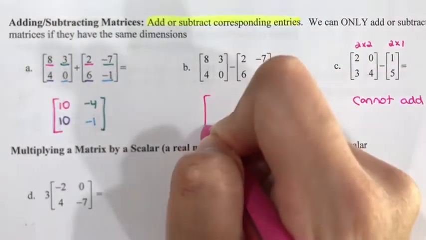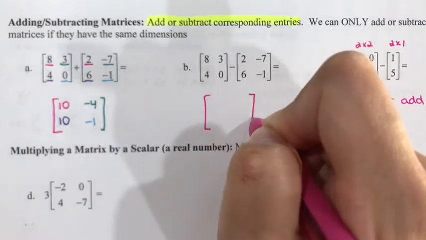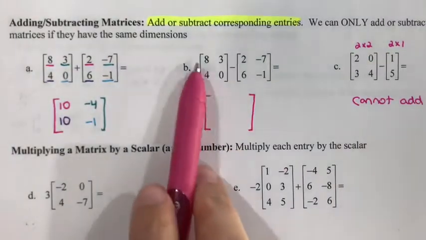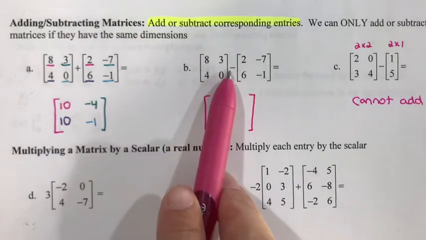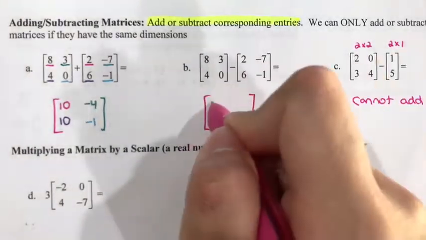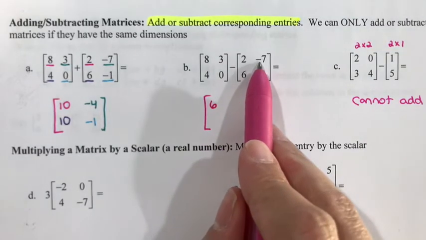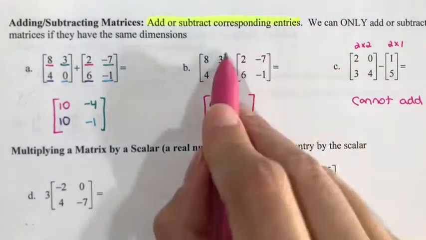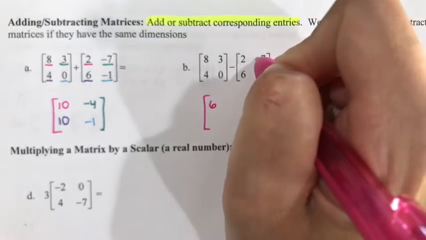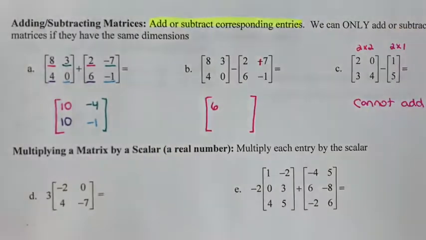Subtraction is the same thing. You always have to be more careful with subtraction because of the negative sign. So I've got 8 minus 2, which is 6. 3 minus -7. So that actually turns it into a plus 7.